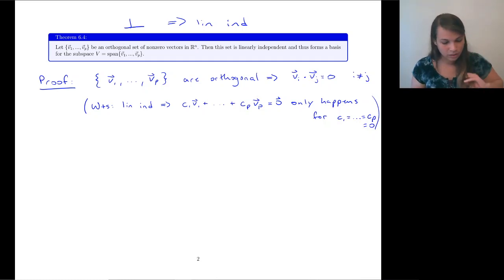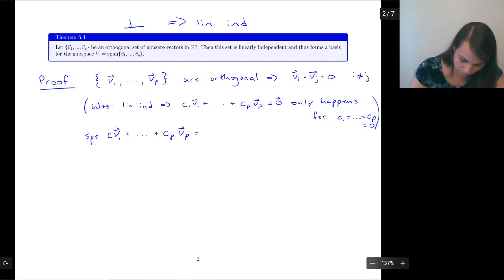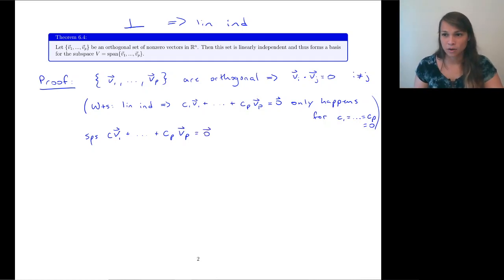Okay, so let's start off. Suppose that we have that linear combination. And at this point, I would say try and pause the video. Hopefully I've talked you through how to think about setting it up.